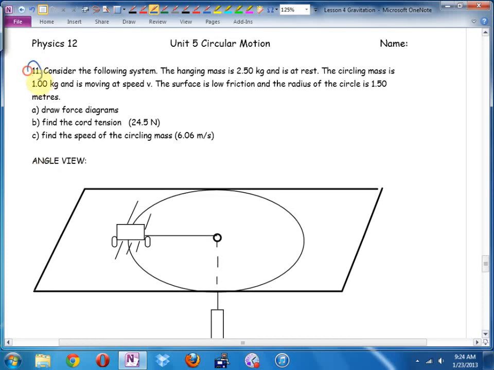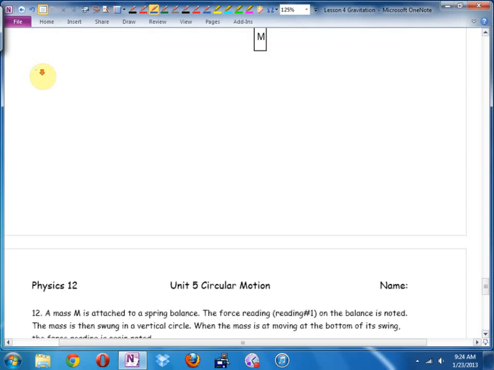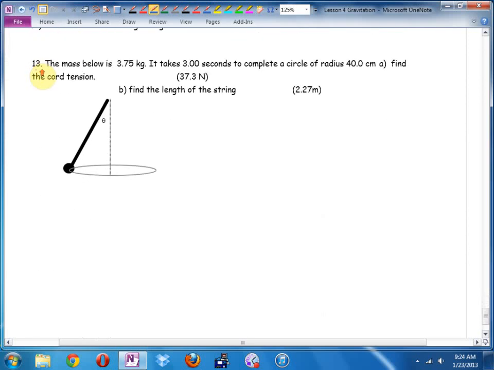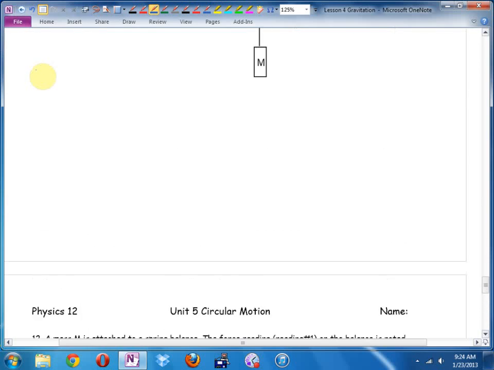And then 11 is a nice review of circular motion. Okay? I'm not going to give 12 or 13. You also have a take-home quiz.